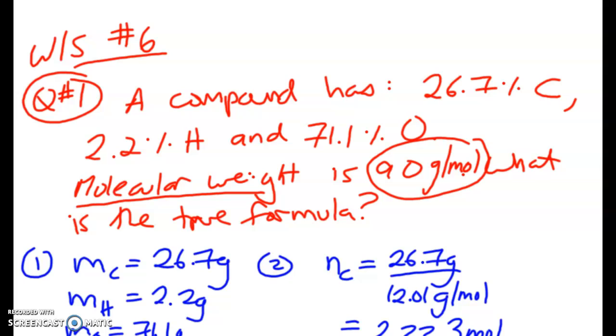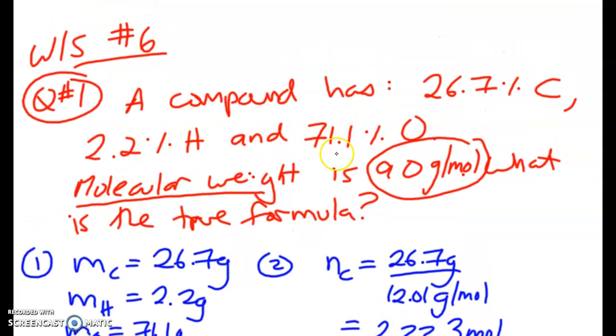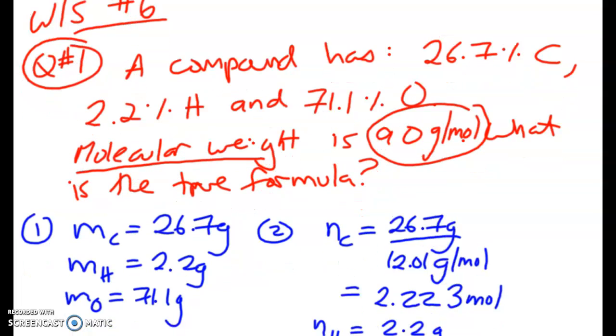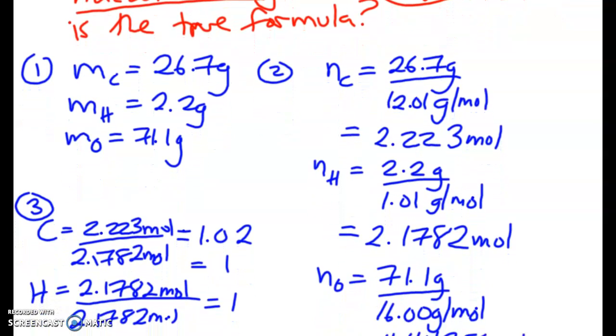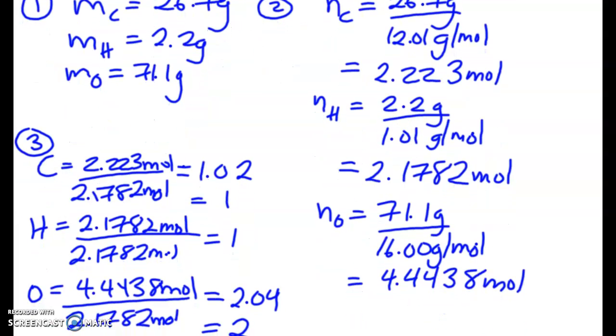Okay, I went ahead and did the answer key for this, so we can go through it together. Because we're not given the empirical formula, we have to do that first. Remember, you assume you have 100 grams of the sample, so our mass values are the percentages. We then find the moles for each element: moles of carbon, hydrogen, and oxygen.